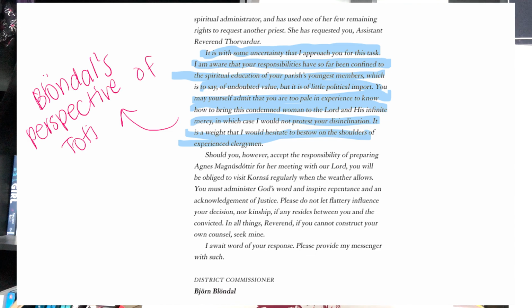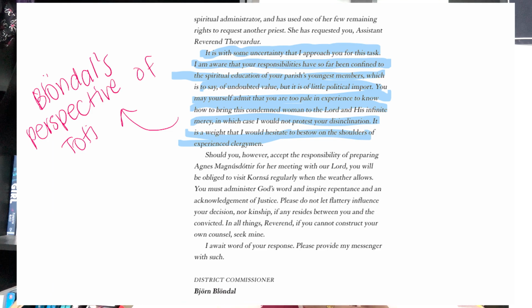And I always talk about the fact that a fantastic question that I would just absolutely love students to be given would be regarding whether or not Toti fulfills his duties as Agnes's spiritual advisor, or whether or not he crosses a boundary in the way in which he carries out Agnes's spiritual advisement.